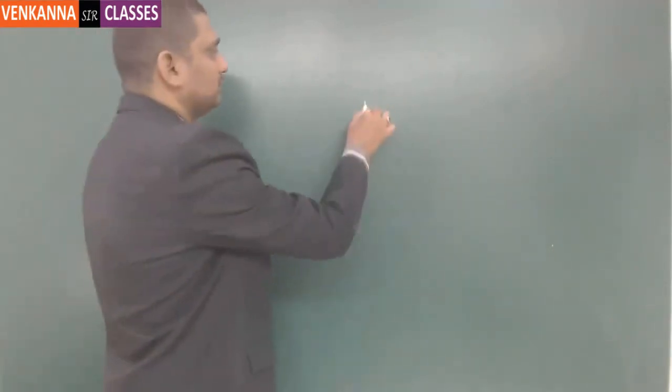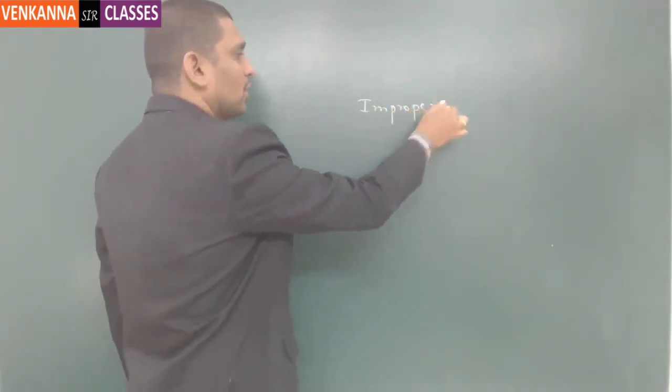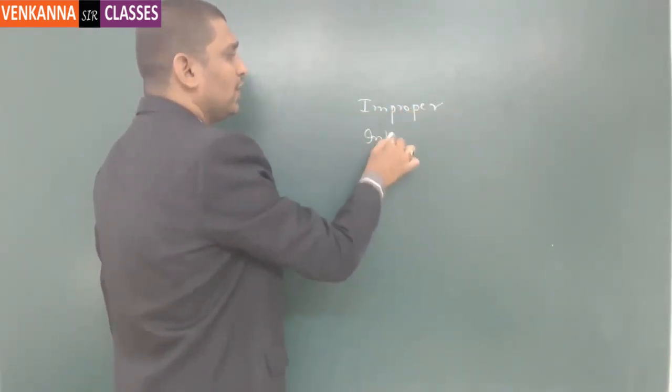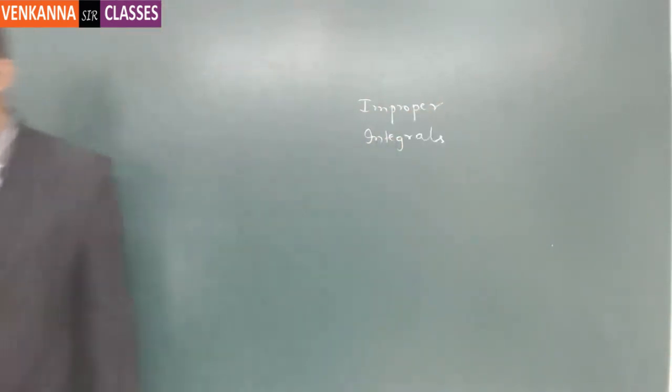Let us begin today's session, which is the continuation of the previous part on improper integrals. Could you tell where we have stopped this concept with regard to the convergence of improper integrals?